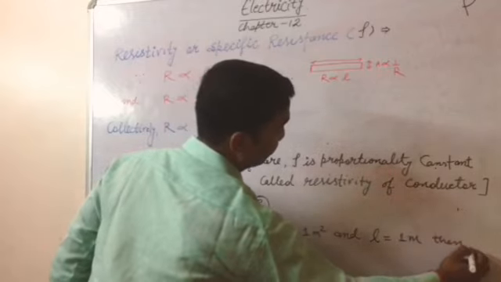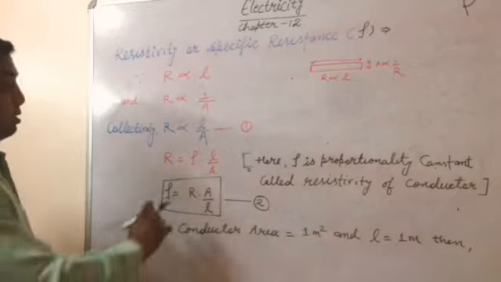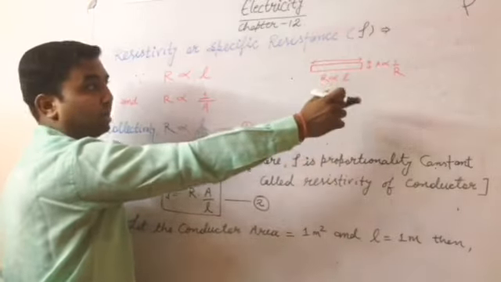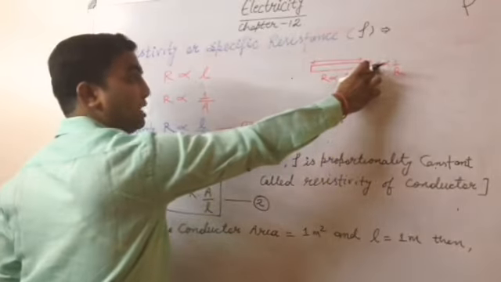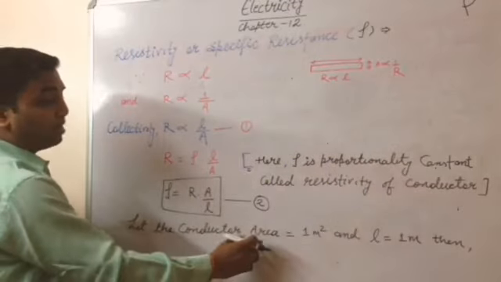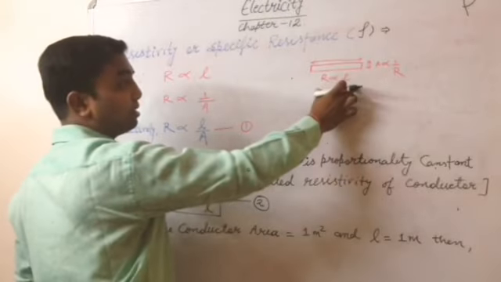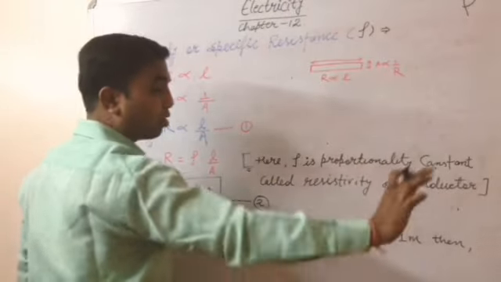The wire whose resistivity we were calculating, what area have we considered? We considered the area equal to 1 meter square. And what length are we considering? We consider length equal to 1 meter.